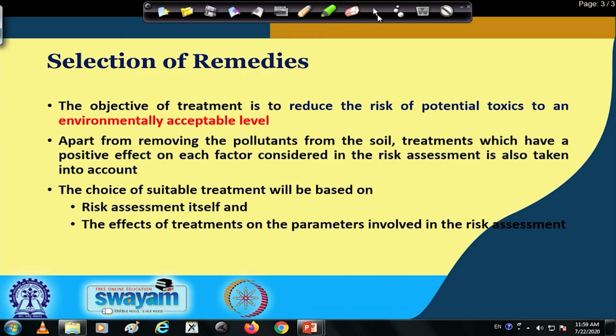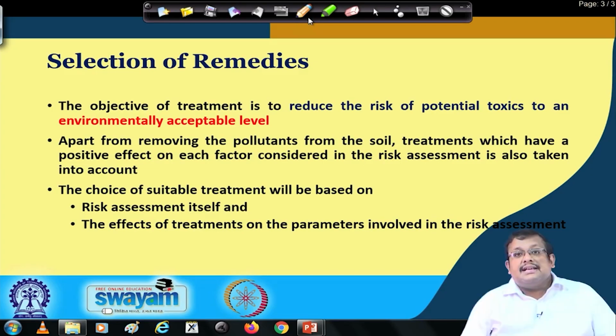Now, remember that the objective of treatment is to reduce the risk of potential toxics to an environmentally acceptable level. We always try to reduce the contamination level below the environmentally acceptable level, and apart from removing the pollutants from the soil, treatments which have a positive effect on each factor considered in the risk assessment are also taken into account.